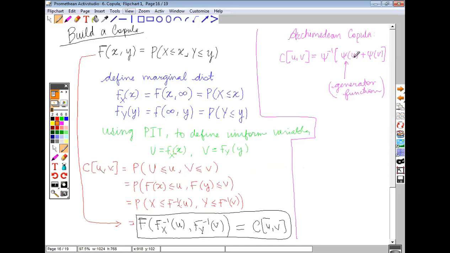And this we call as generator function. And again, remember, this is not an inverse. In technically correct terms, this is actually a pseudo inverse. So whenever I'm talking about pseudo inverse, I not only look at the actual inverse, but my pseudo inverse will take a value of 0 if my inverse does not exist. Because not all functions are invertible, right?